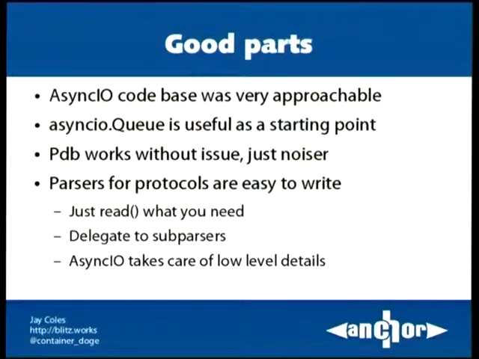One of the nice things was that PDB just works. This was a bit unexpected, but it makes a lot of sense because the exceptions come out exactly where you expect them to, just like they would if it was normal blocking code. And that's just due to the futures and how they've been implemented. They'll actually raise the exception in the correct place, which is just wonderful.